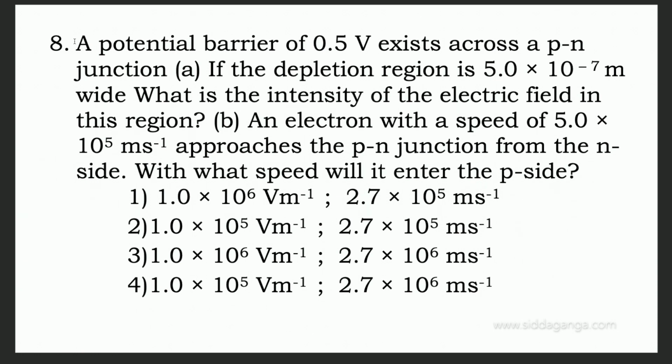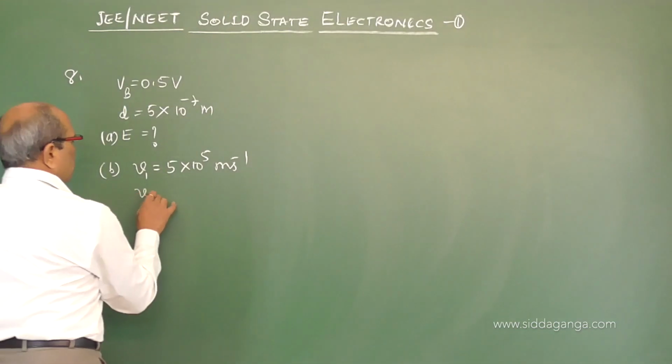This is part 1 of the question. For the second part, an electron with a speed of 5 into 10 power 5 meter per second enters the PN junction from the N side. With what speed will it enter the P side? So we have to find V2.